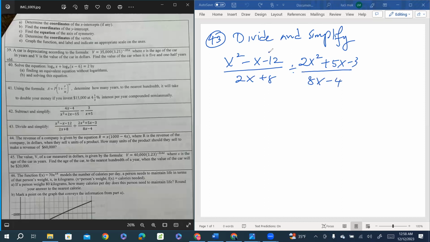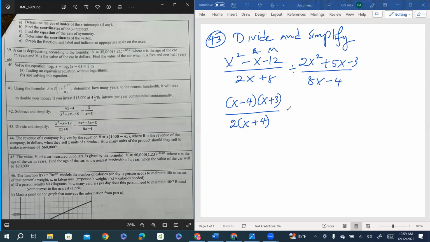Now let's find two numbers that multiply to -12 and add to -1. That's going to be x minus 4 times x plus 3. Again, -4 times +3 is -12. -4 plus 3 is -1. Divided by, the GCF for the denominator is 2. So it's 2 times x plus 4.